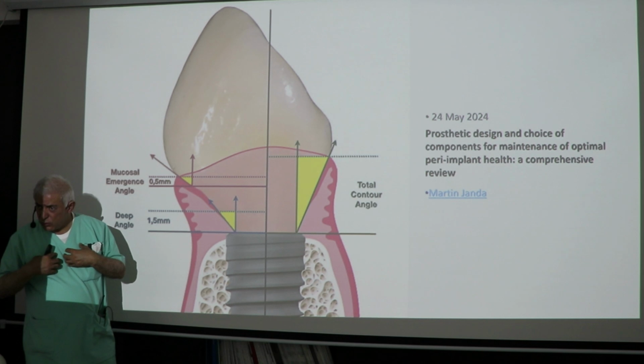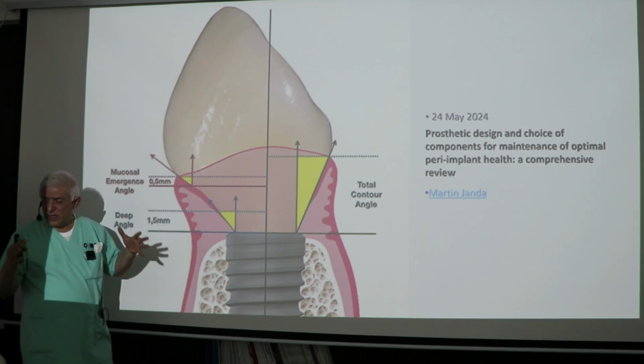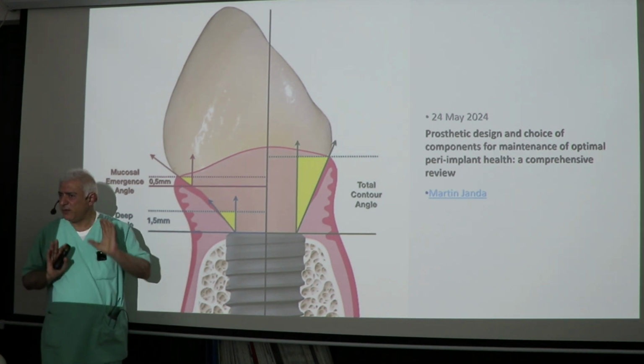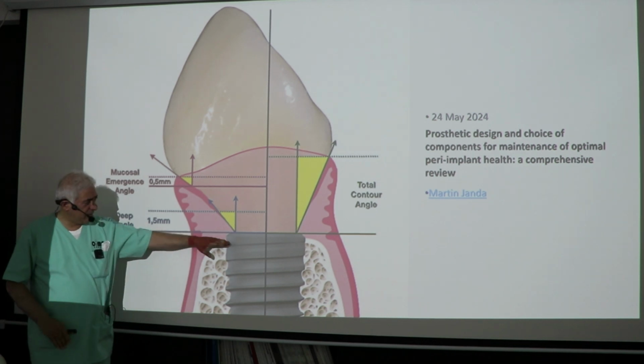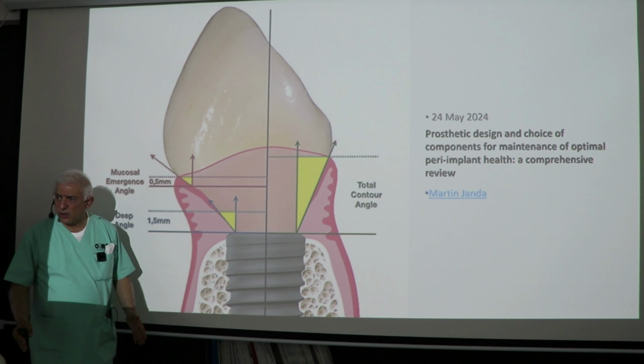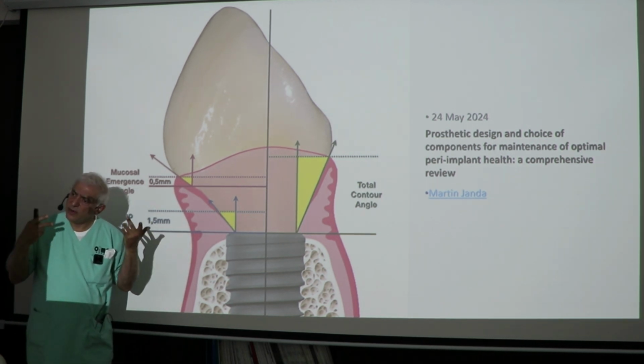My issue with this formula, why I'm so sensitive, is all your implants are receiving a 0.5 millimeter cuff height. So if the implant is here or here or here, the zirconia will start after 0.5 millimeter. So it will diverge, either diverge or even not diverge.